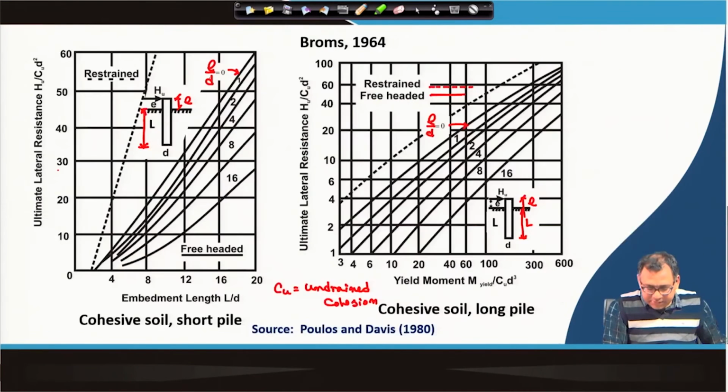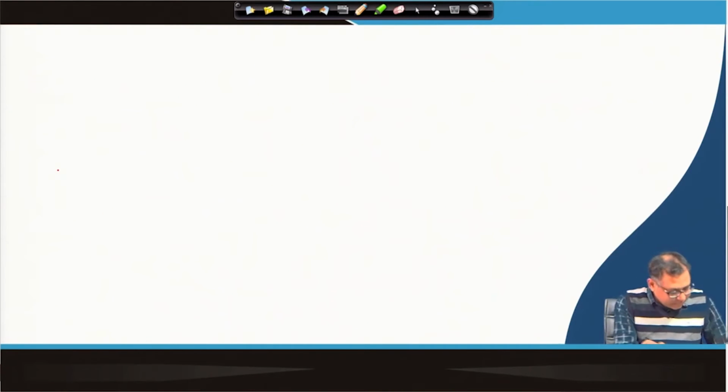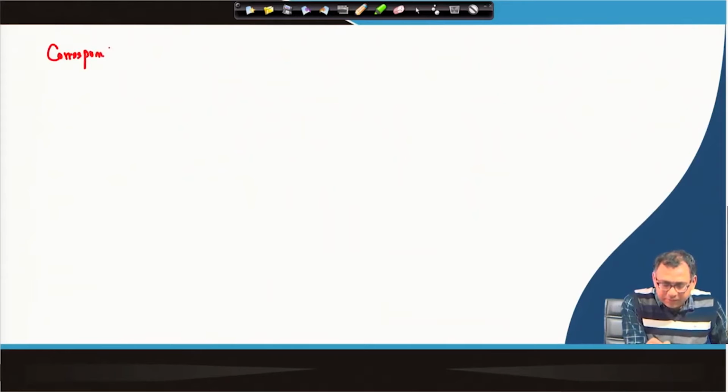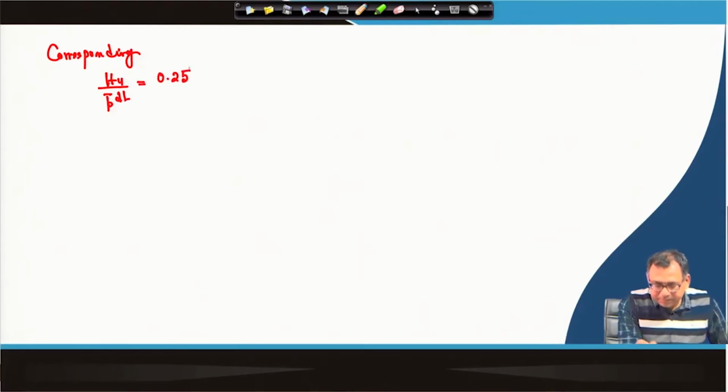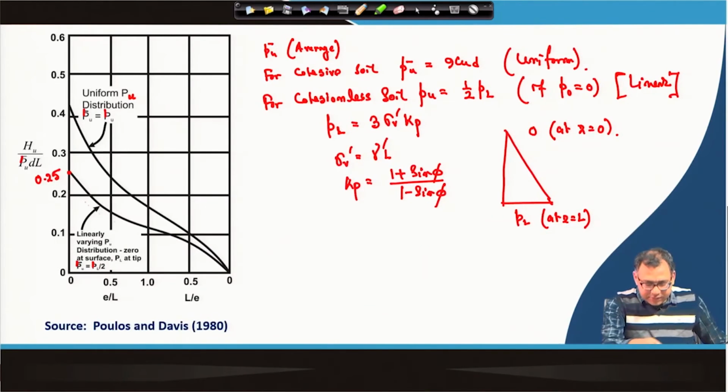So I can get the value here: Hu divided by Pu bar d L is equal to 0.25. You can see that for granular soil there is a linear variation.